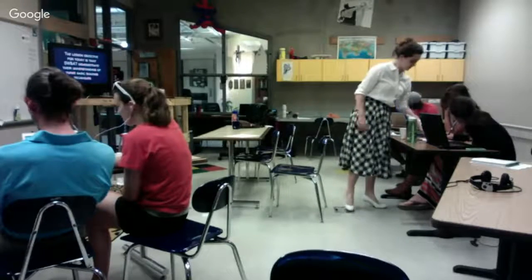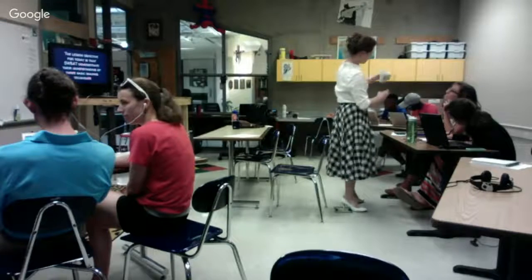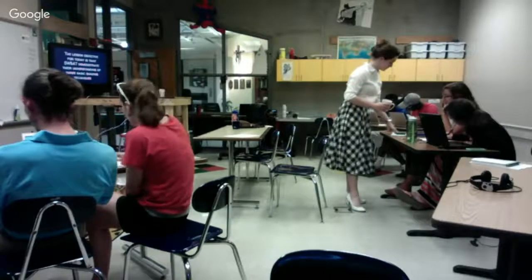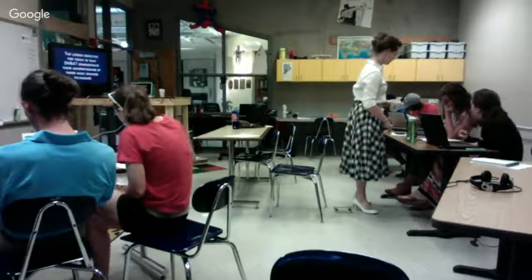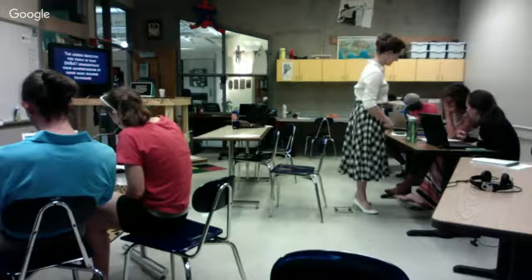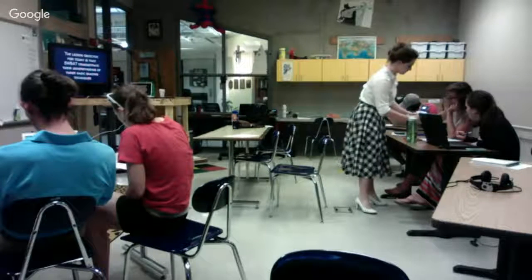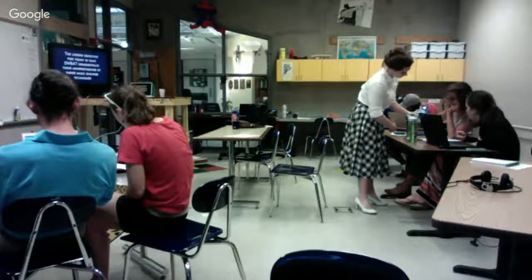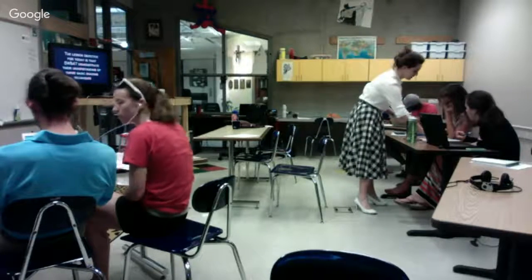Right here. Turning your flashlight on your phone, go ahead and shine that light. So if we're looking right here, is there really a bright shadow or a really dark shadow? Okay, so we want to make sure that dark shadow shows up.